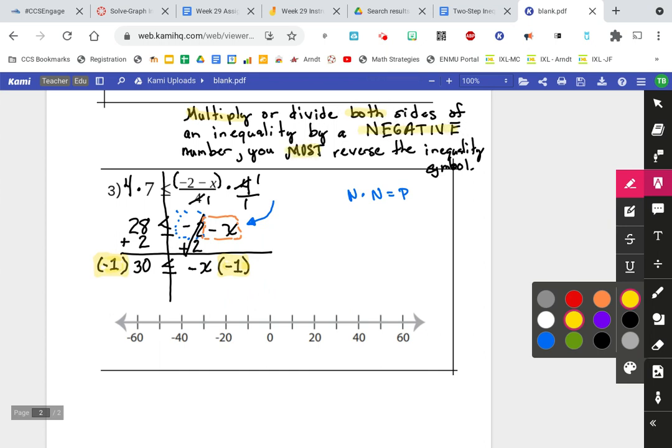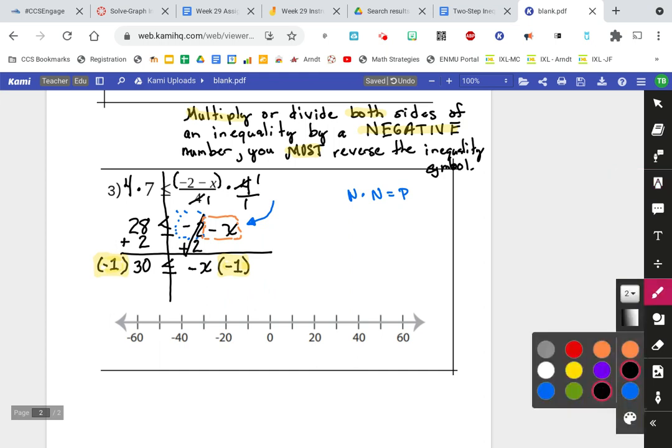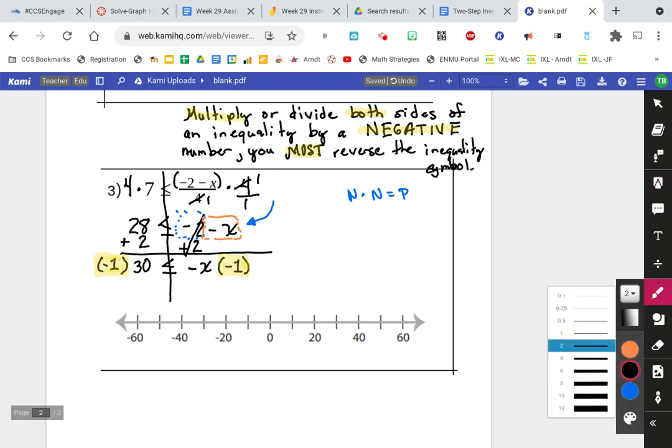What must we do right now, or else we're going to produce false statements? We have to reverse the inequality symbol. At least that's what my cat says anyway. So we're going to reverse the inequality symbol.